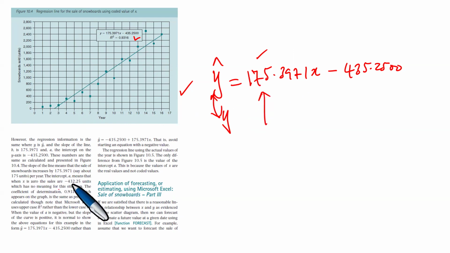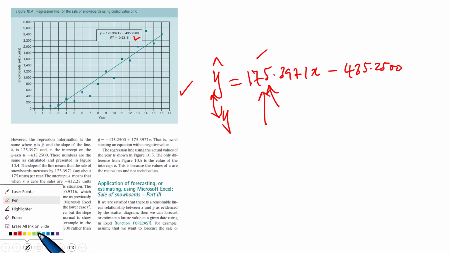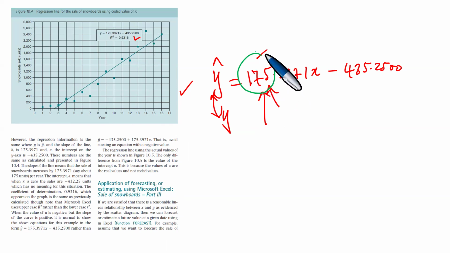So the sale of snowboards increases by approximately 175 units every year. You can see that 60 boards were sold, and then 2,400 were sold after many years. So there was an increase in the sales. The business was booming. There was growth in the sales, an increase of 175 on average per year.